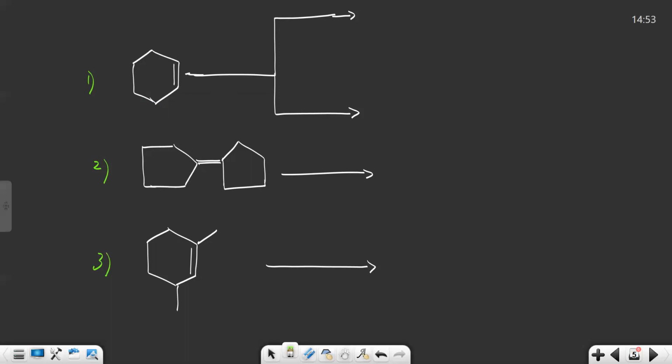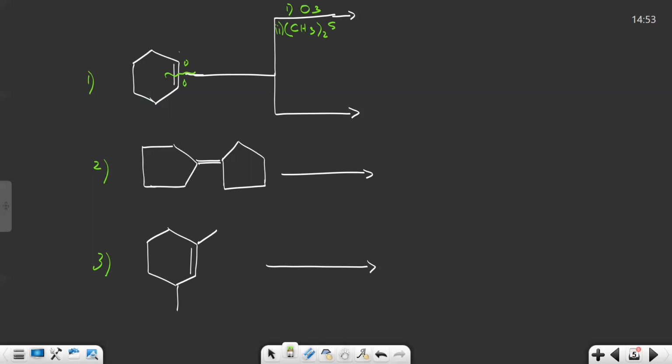Consider the first example. Here, if you use ozone and dimethyl sulfide or zinc and H2O, you can use any one of these two. This will be used in the second step. Then what will happen? When ozonolysis takes place, this bond cleaves, and one oxygen atom gets added on each side.